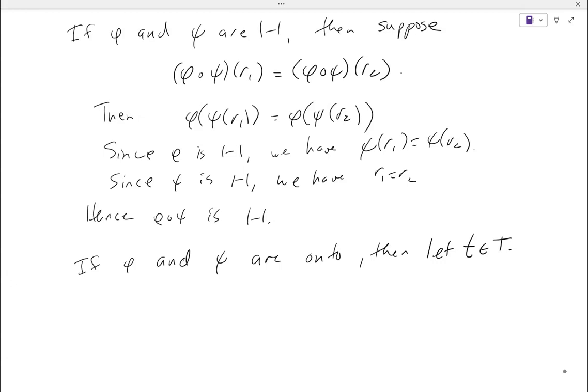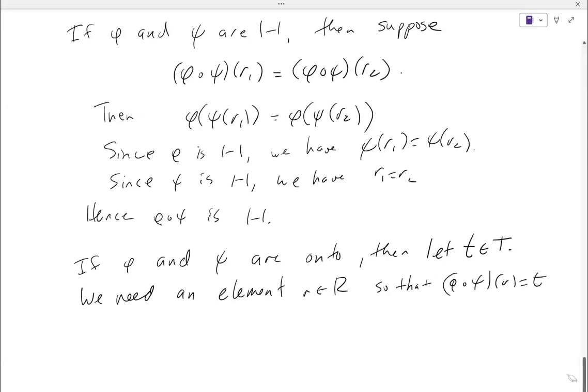So we need an element R in R so that phi of psi of R is T. I need to find a notebook that hits that part of the table. The best visual I had at that particular moment in time.